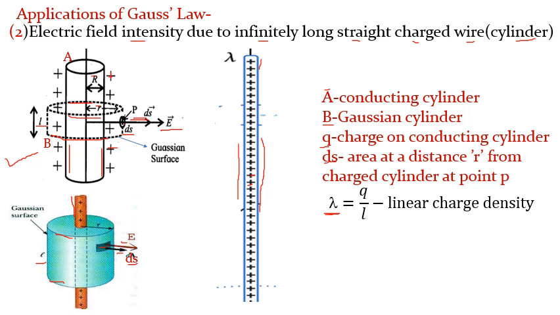Lambda is nothing but linear charge density, and we discussed this in 11 standard. But once again remember it, this lambda is linear charge density, which is charge per unit length, coulomb per meter. Remember this, don't forget, and using this concept, we can find the total charge on this wire. Clear?